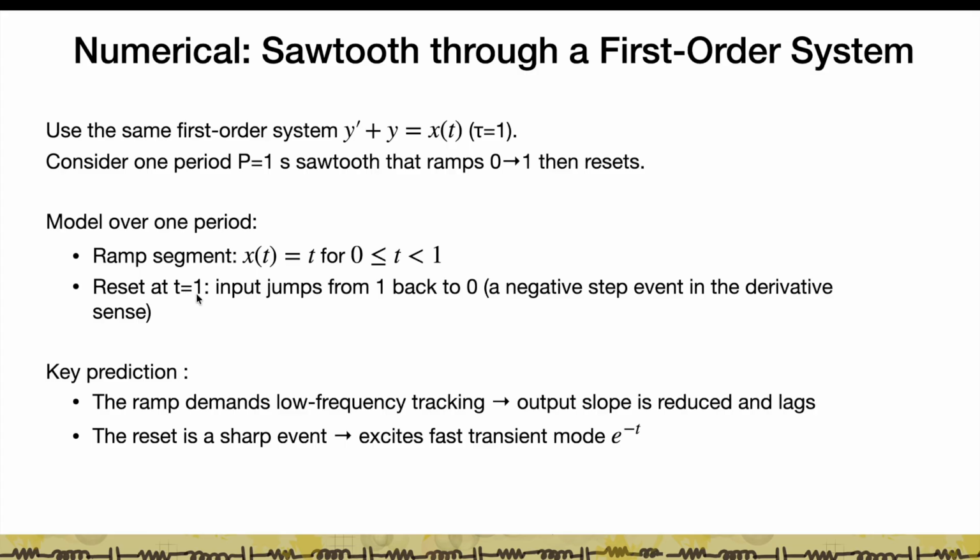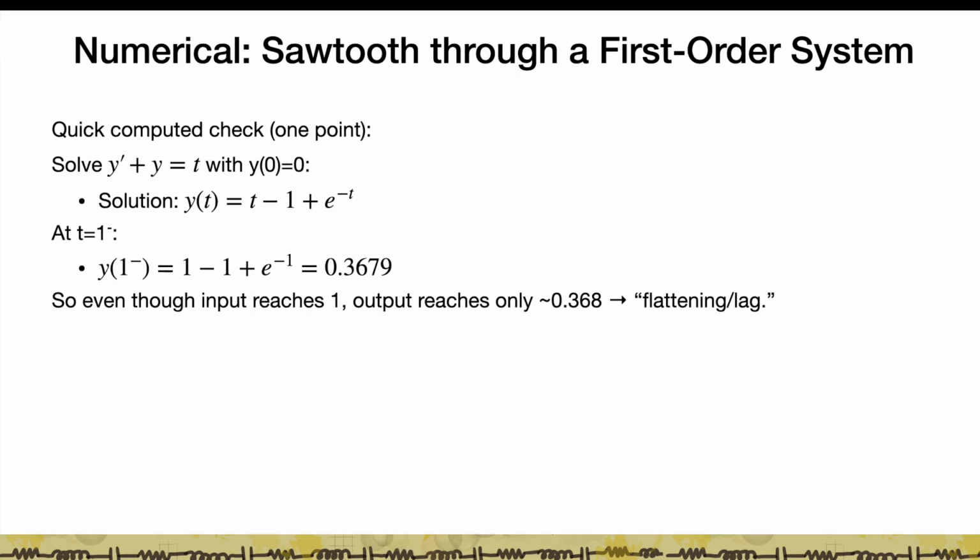So you see here that at t equal to 1, the input jumps back to 0. So the ramp demands low frequency tracking and the output slope is reduced and lags. Reset is a sharp event, which excites the fast transient mode of e power minus t.